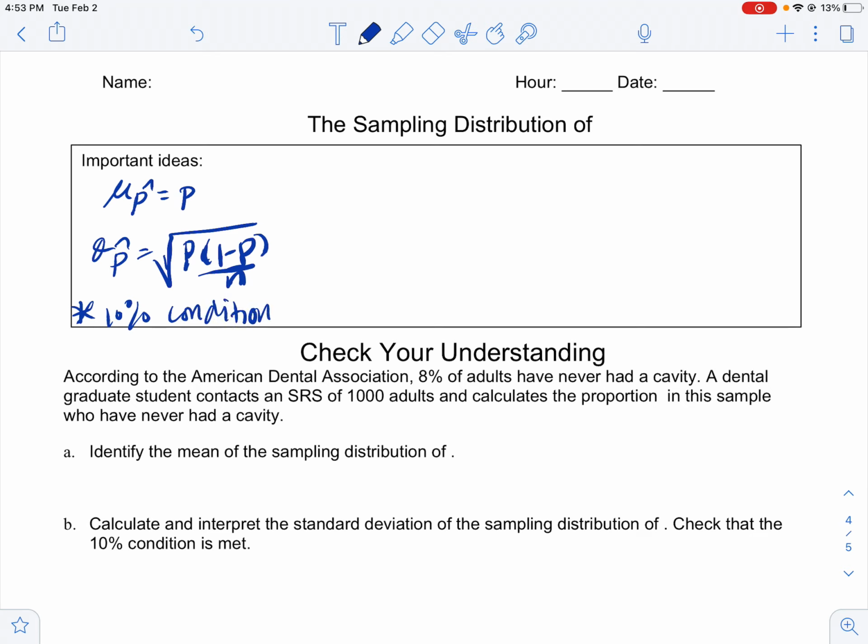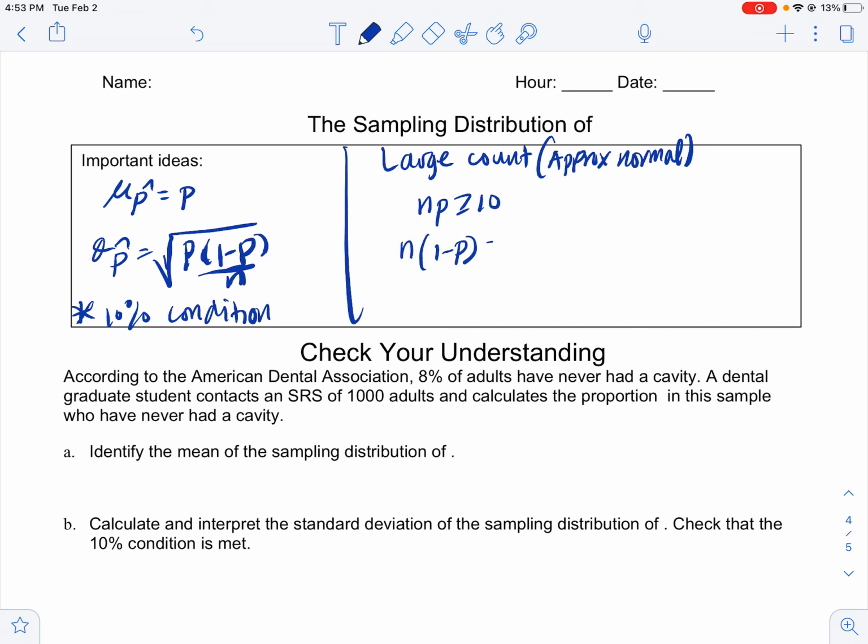Okay. And then we also have the large counts condition. You'll use large counts if you want to see if a certain distribution is approximately normal or not. So that's np greater than or equal to 10 and n(1 minus p) greater than or equal to 10.